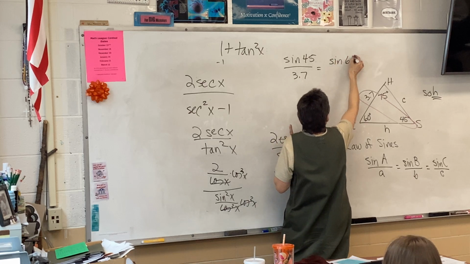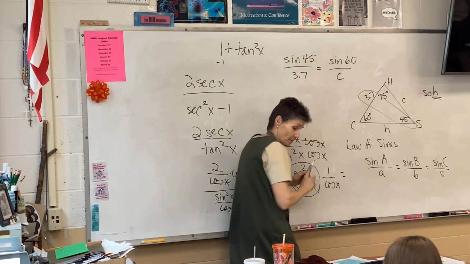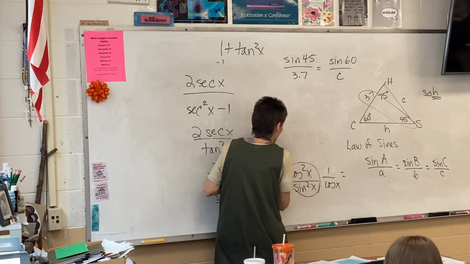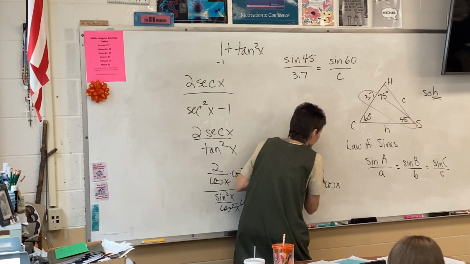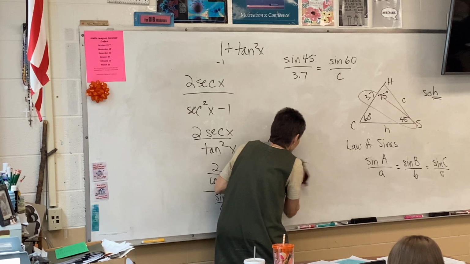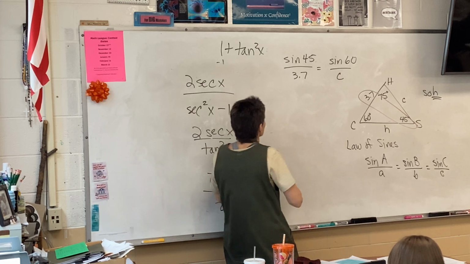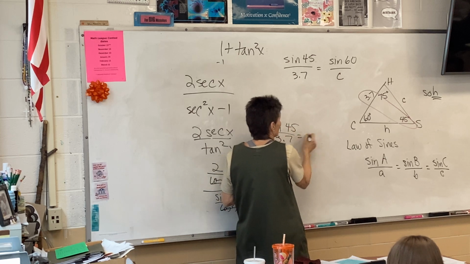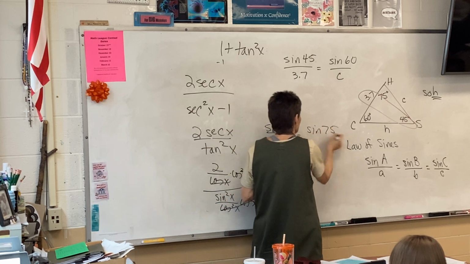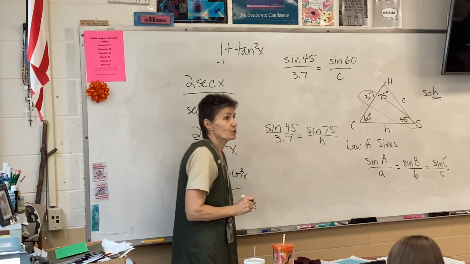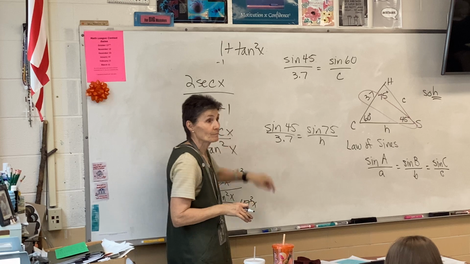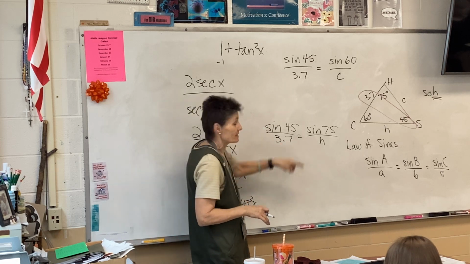Sine 60 over C, yes, but I heard somebody else say sine 75 over H. It doesn't matter, you're gonna have to do both. So we got sine 45 over 3.7 equals sine 75 over H. So there are the two steps. We're going to solve these now, and that's going to give us C and H.